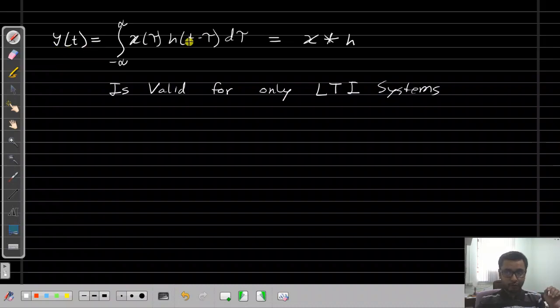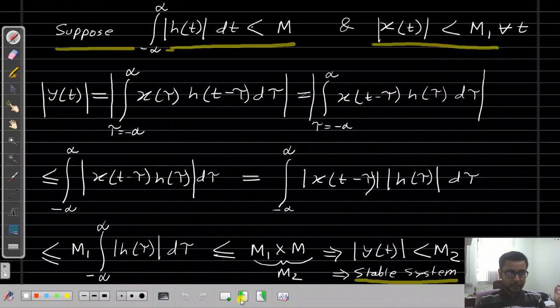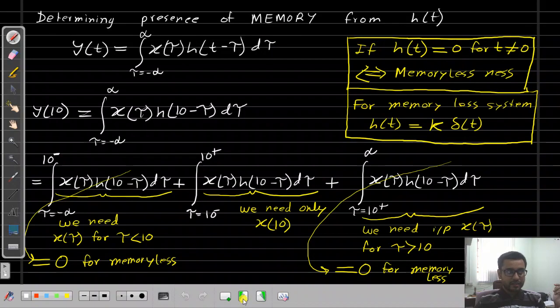And therefore the conclusions that we have drawn previously about the stability, about the causality, memorylessness, these conditions that we have written, it is true only and only for LTI systems. If the system is not LTI, then these proofs are not valid, because we cannot write this.